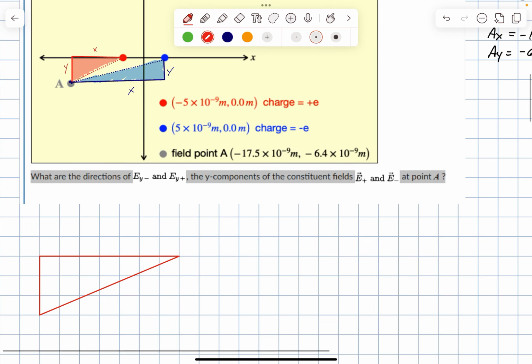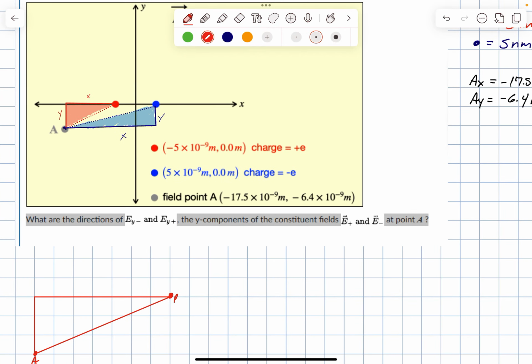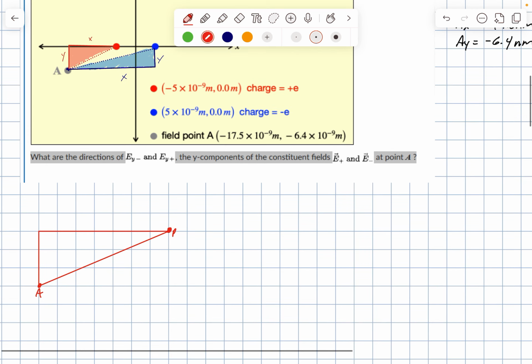So we know that if this is the point of our proton and this is point A, the question gives us that point A is -17.5 units from the origin, and the proton is -5 units from the origin as far as the x-axis goes. So because we're on the same side of the origin, we're going to just do 17.5 minus 5 to figure out that x value.